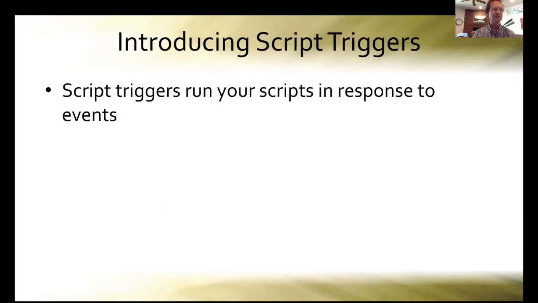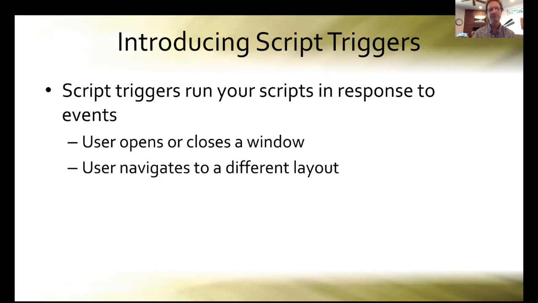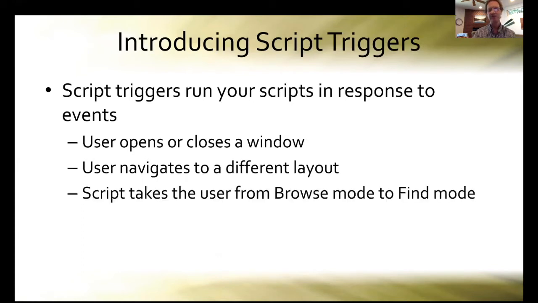Introducing script triggers. Script triggers, to sum it up, run your scripts in response to events. Events like a user opens or closes a window, or a user navigates to a different layout. A script takes the user from browse mode to find mode.